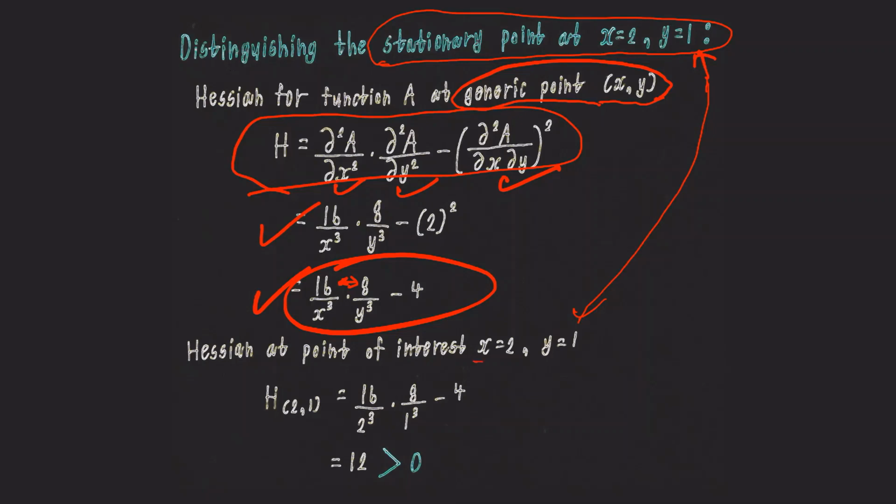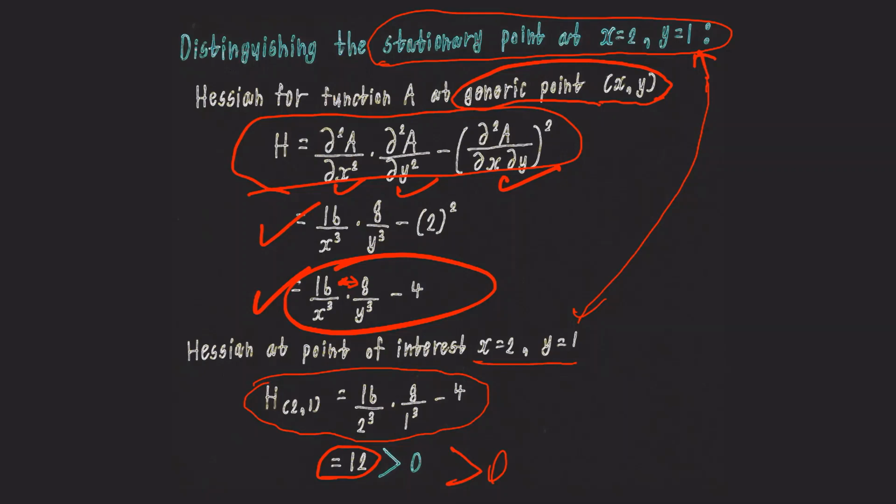So x equal 2 and y equal 1, and so the Hessian at the point 2, 1, where the independent variables are 2 and 1, the value turns out to be 12, and 12 is clearly greater than 0.